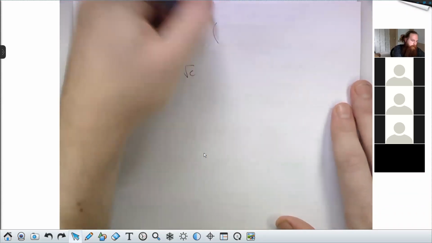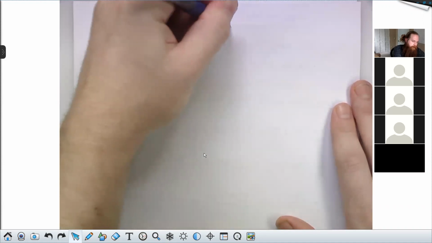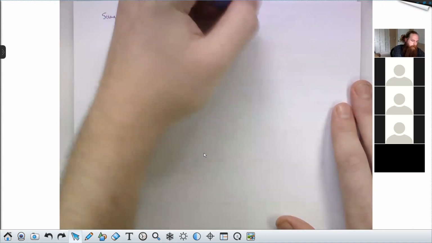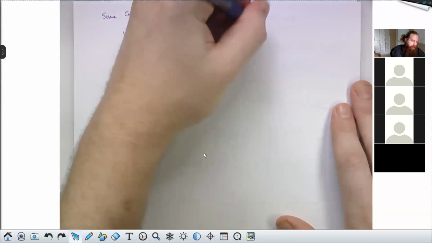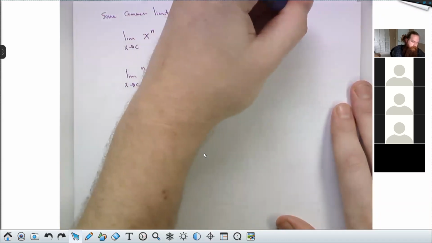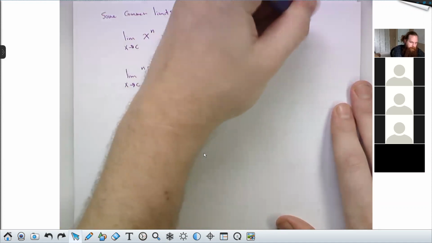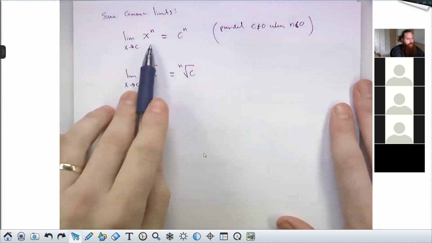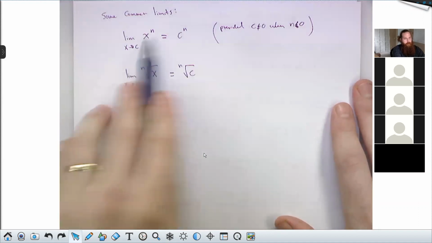There's one exception here, provided c is not 0 when n is less than 0. So if this was like 1 over x and you're trying to send x to 0, then of course this doesn't work.